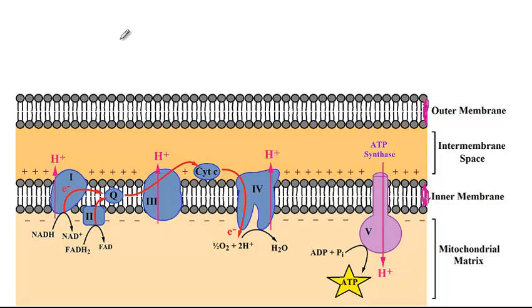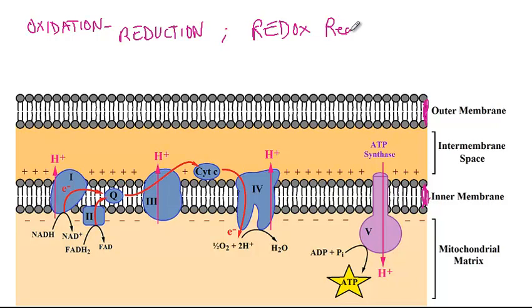Let me clear the board here for you and provide some background information about oxidation reduction reactions that is going on here in the electron transport chain. So the chemical reactions in which electrons are transferred from one molecule to another, these are called oxidation reduction reactions, or you can say redox reactions.